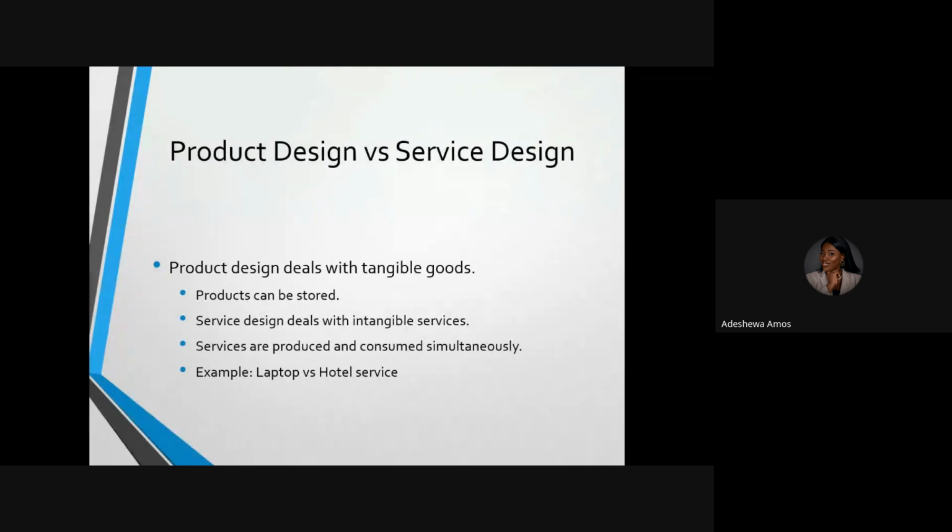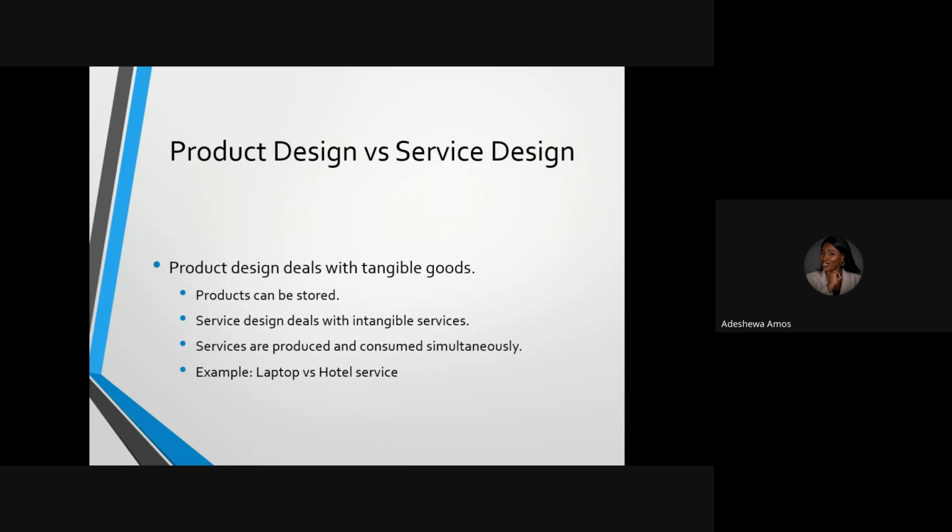Then product design versus service design. So product design deals with tangible goods, okay? Meaning goods can be stored. Like we were explaining last week about the differences between goods and service, okay?